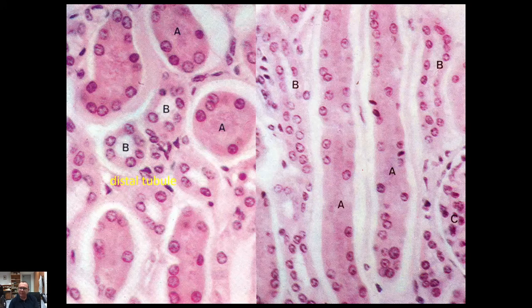And we are back in the cortex. The loop is returning to the cortex and goes to the distal tubule. Distal tubule measures about 40 micrometers in diameter, so it's smaller than the proximal tubule.